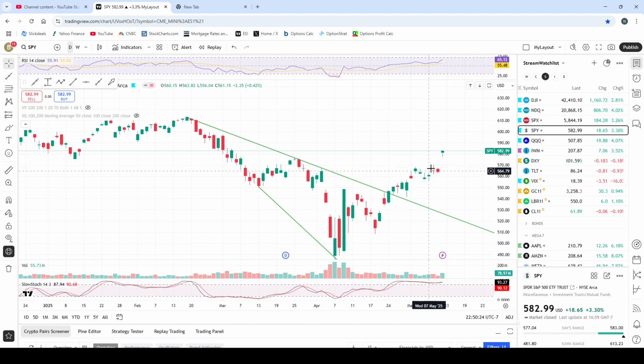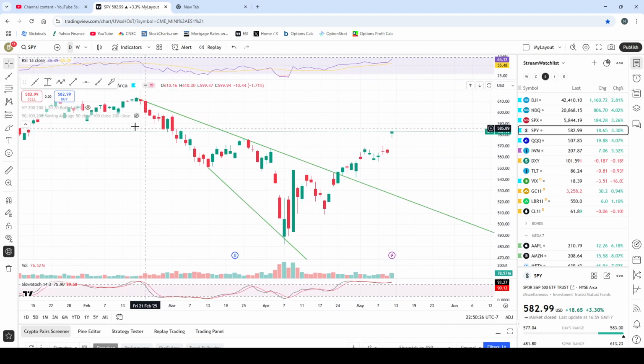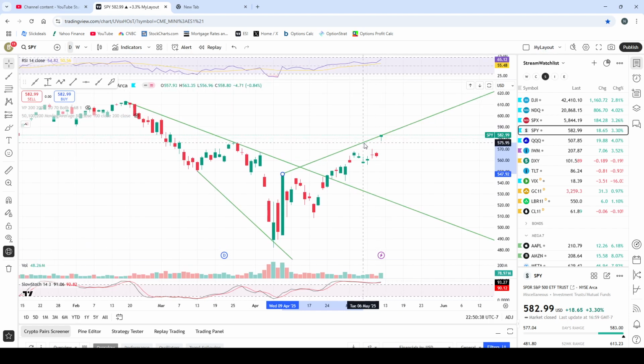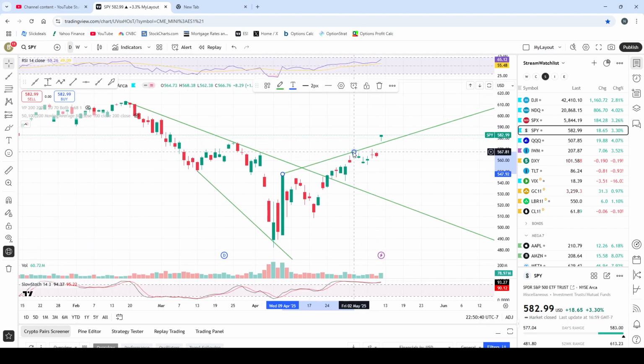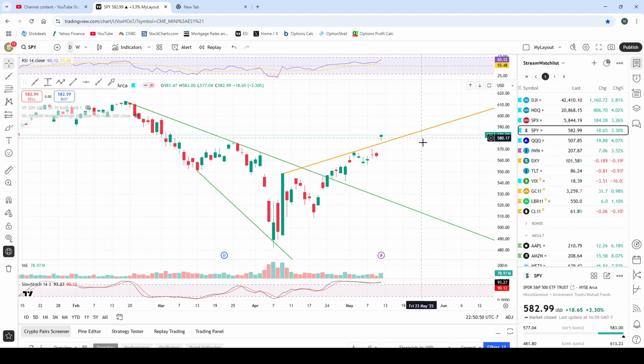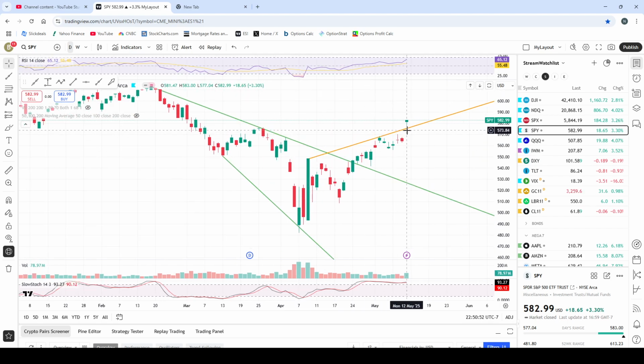But from here to here now, you see that the trend direction changed. So this is the top. I'm going to draw from here to the next one, right? And this is the new one. We can ignore for now. But this is the new trend. So this is the top of the channel.